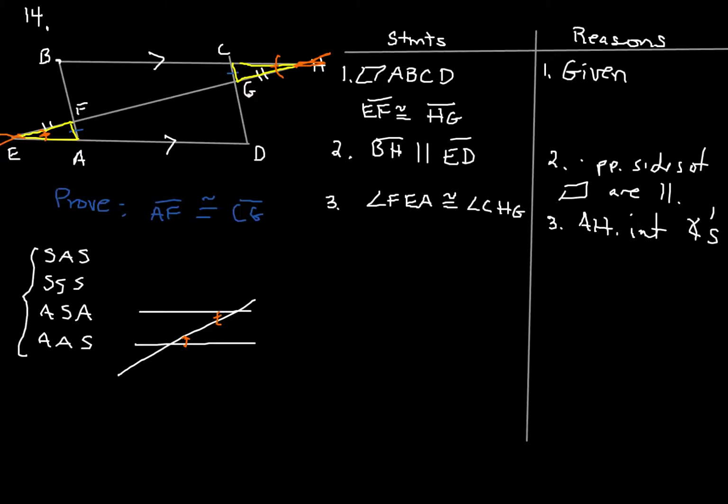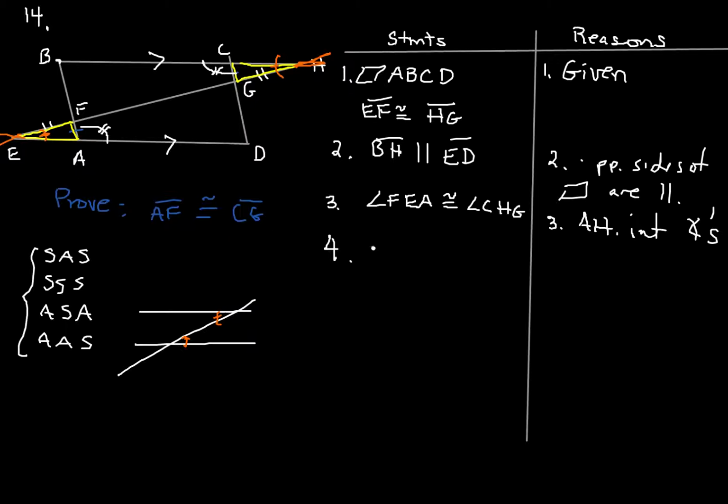Okay, so now we have a side and an angle. We need to get ourselves another side somehow, or another angle. So we also know in parallelograms that the opposite angles are congruent. So I can say that this angle right here is congruent to this angle.